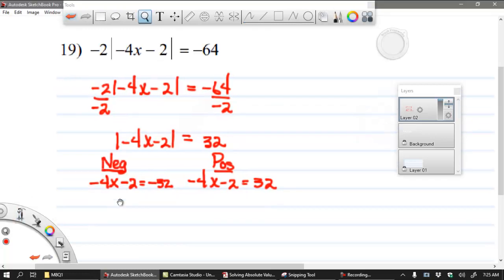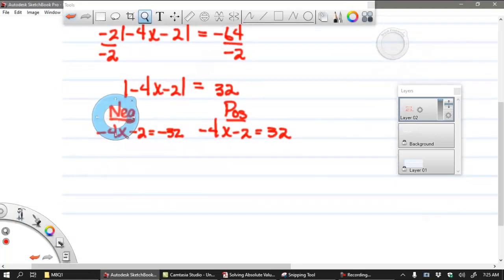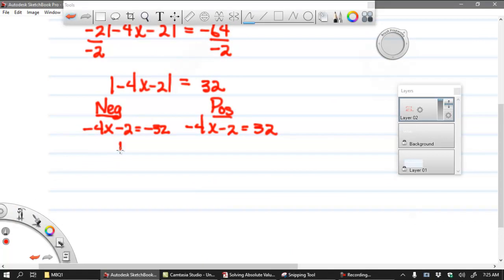Okay, here we go. These equations will be pretty easy to solve. I'll add 2 to each side. That goes to 0. The bigger minus the smaller gives me a 30, and it keeps the sign of the bigger. So now this survives: a negative 4x equals a negative 30.